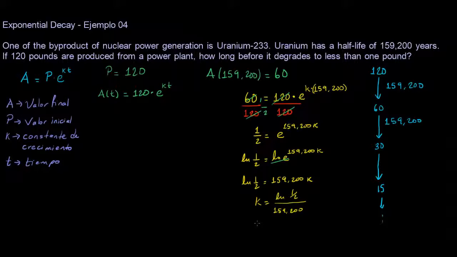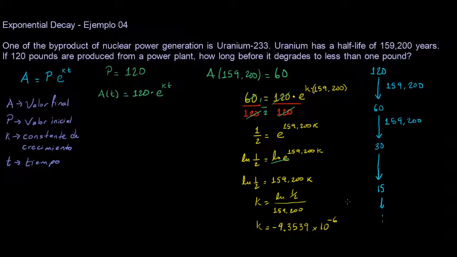Here I'm going to use a calculator to get the value of k. It will be the natural log of 1/2 over 159,200 years, and this would be a very small number. k is equal to negative 4.3539 times 10 raised to the -6.